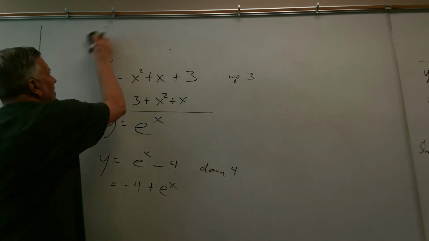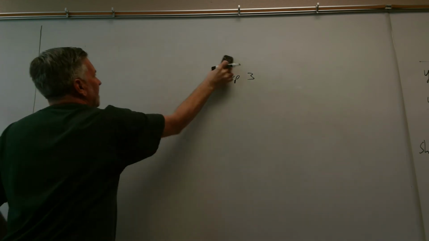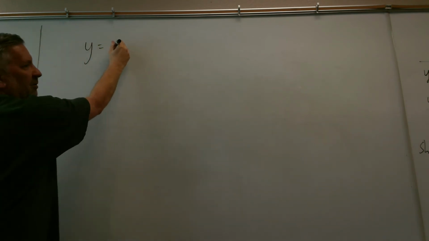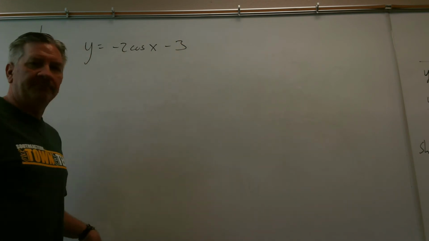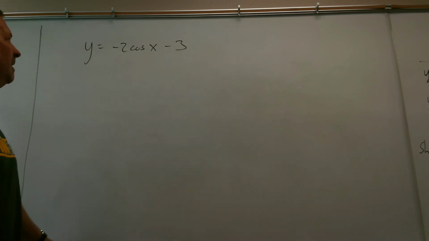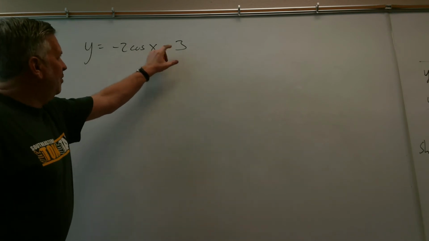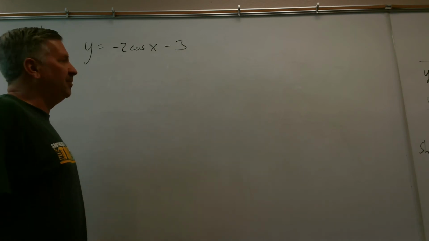Okay, so let's do an example with our trig functions that have vertical shifts. So the first example in your notes is negative 2 cosine x minus 3. Now here, be careful as well. Your eyes may try to group this x minus 3 together as one term, but be careful, they're not.